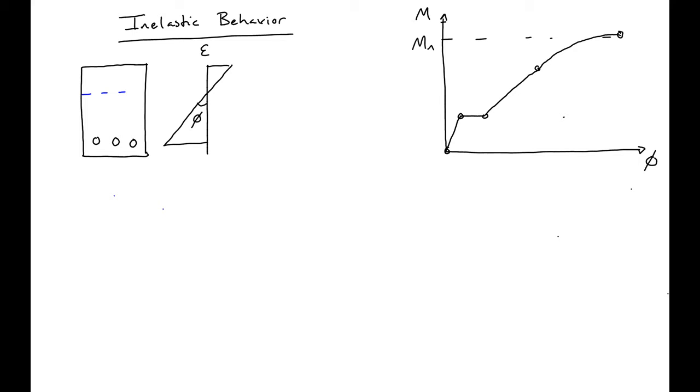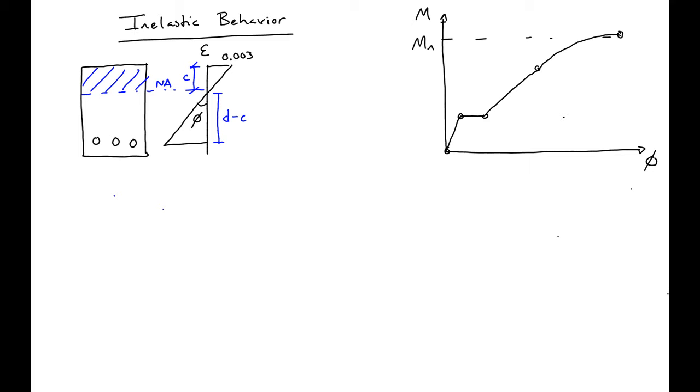And we can assume that only the concrete in compression is going to contribute to our strength, so this will be our neutral axis, and we'll call the distance from the top down to the centroid here distance c. So then the distance down to the steel would be d minus c. And we'll say that our maximum compressive strain is 0.003.